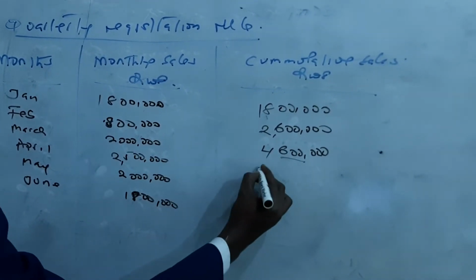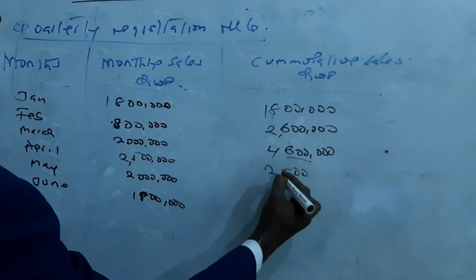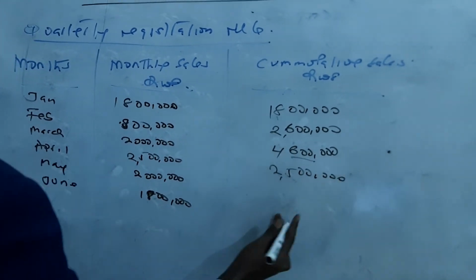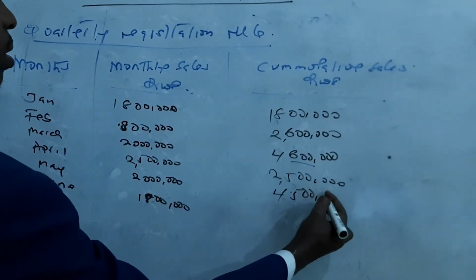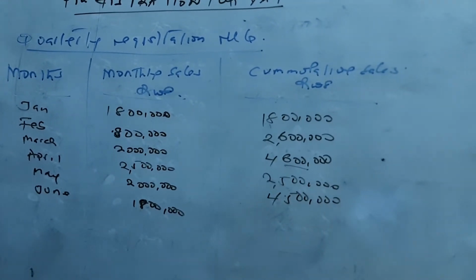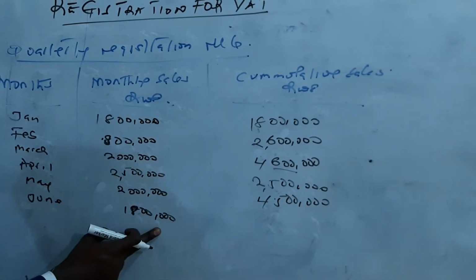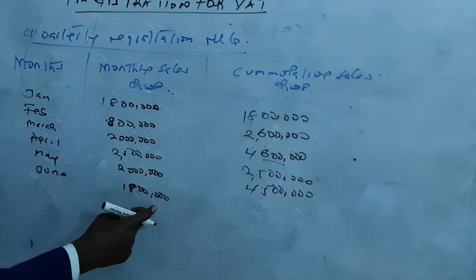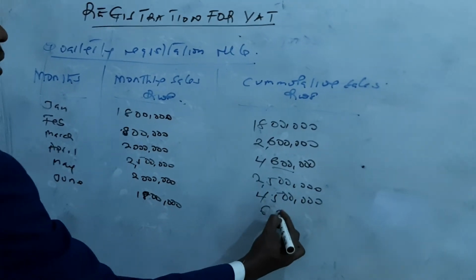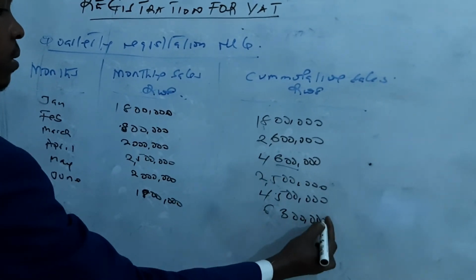So let us bring this 2.5 again here, plus 2 million, that gives you 4.5. So 4.5 plus 1.8 gives me 6.3.